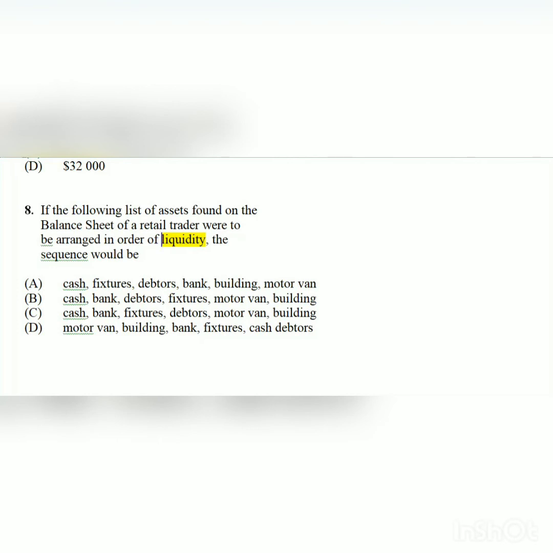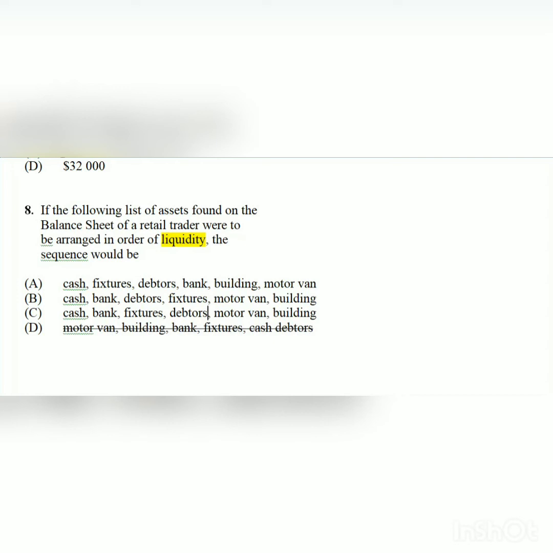So option D would be out because it starts with an asset that was bought to be used in the business, really a permanent asset, a fixed asset. So we want to take that option out. Then C, cash, bank, fixtures. So we want to look at fixtures and debtors, and we want to see which of the two assets here is the most liquid.